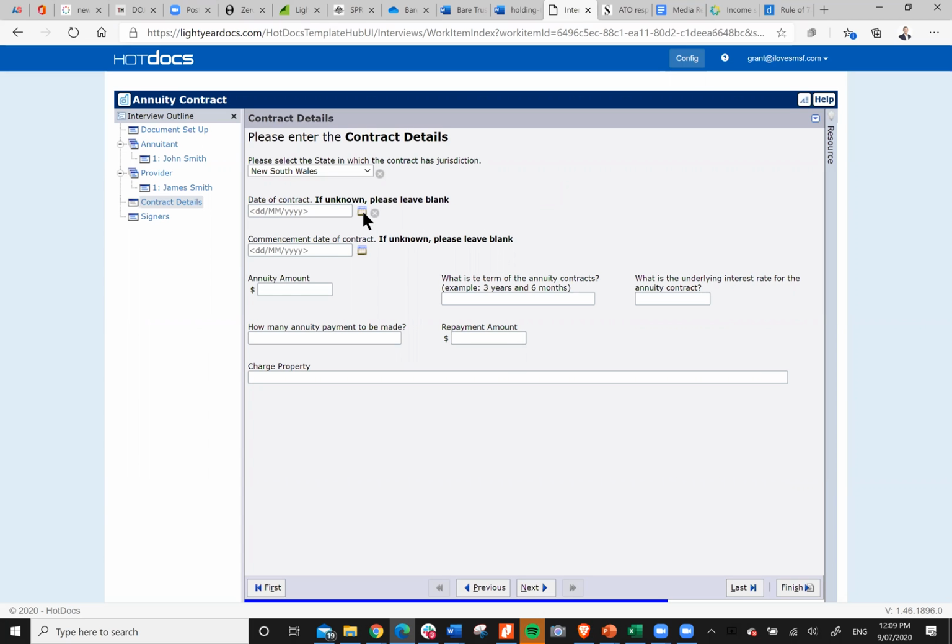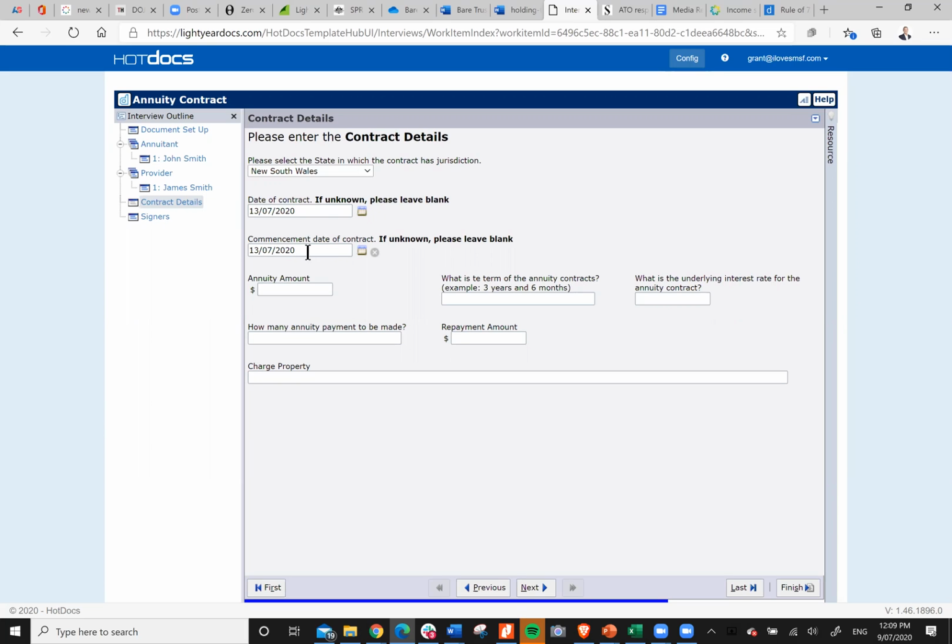So the date of the contract, let's just say it's going to be on Monday. Commencement date, that's the date that the first period relates to. So if it's going to be $6,000, then it starts at the commencement date, and that's really important. So we'll do it at the same day. Now, your date of contract and your commencement date can be two completely different things.